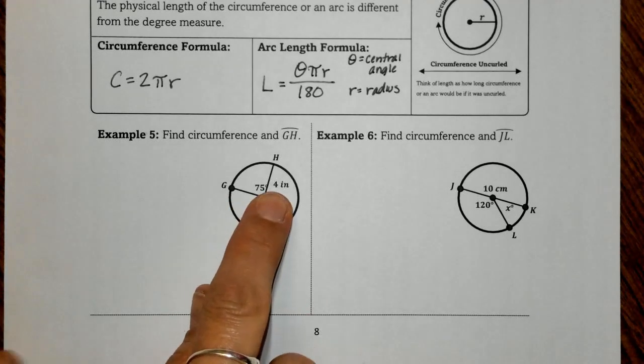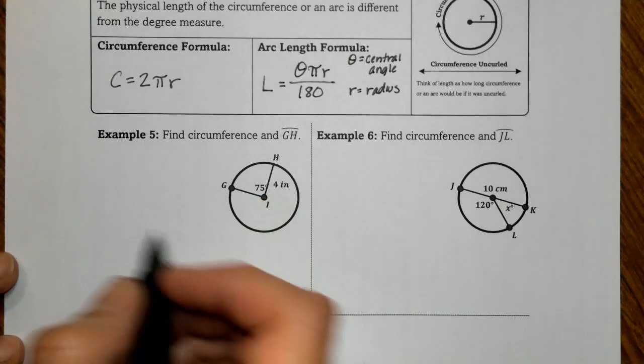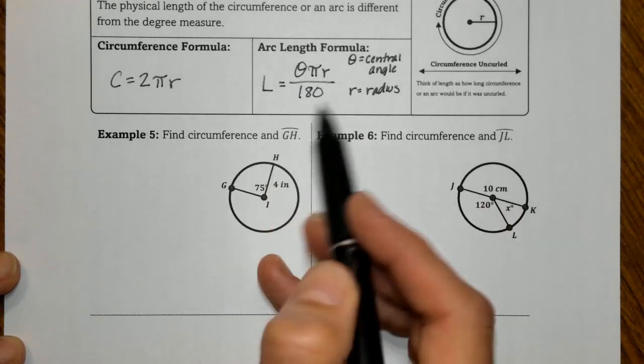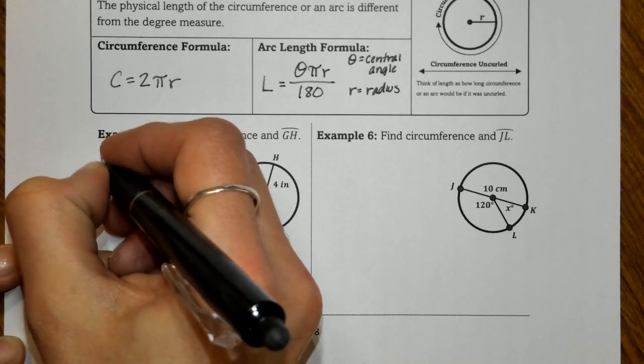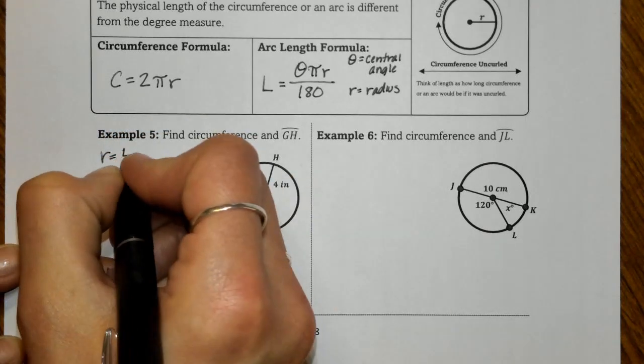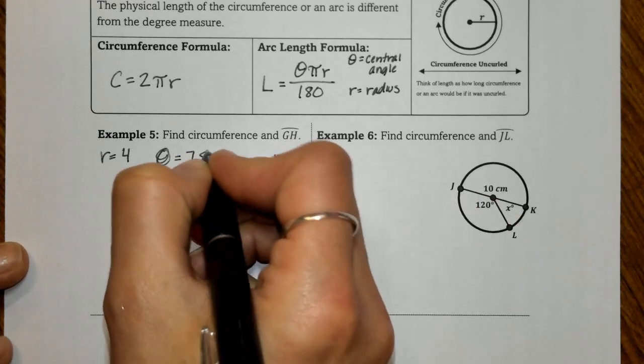Whatever our radius is labeled with, in this case inches, that's what our final answer is going to be labeled with. When we get to our arc length, we're going to need theta and the radius. We see that the radius is 4 inches, and theta is 75 degrees.